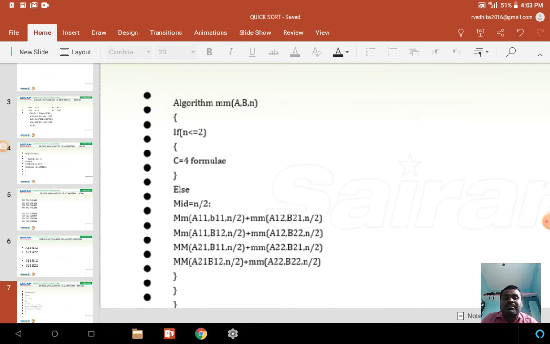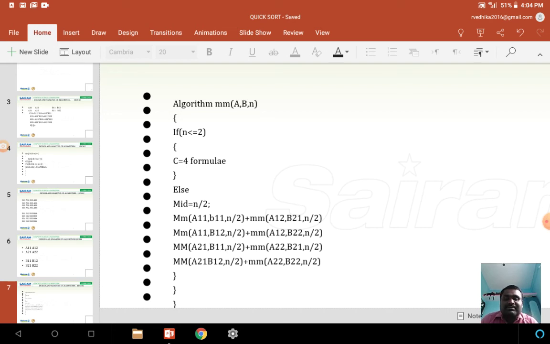In this algorithm, A and B are matrices, and n is the dimension. If n is less than or equal to 2, we can simply apply those formulas, that is C11 equals A11 multiplied with B11. Likewise we have seen those formulas will be used. Otherwise we have to divide the dimensions by 2.